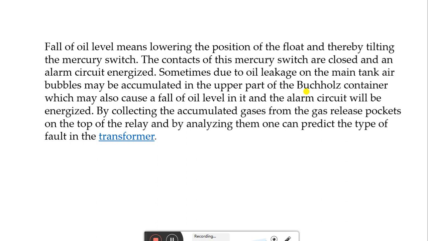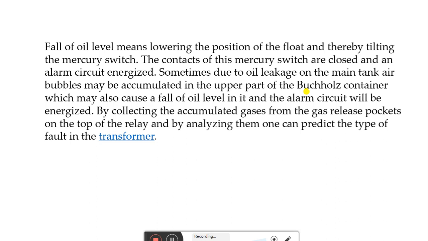Sometimes, due to oil leakage in the main tank, air bubbles may accumulate in the upper part of the Buchholz container, which may also cause a fall of oil level in it, and the alarm circuit will be energized.